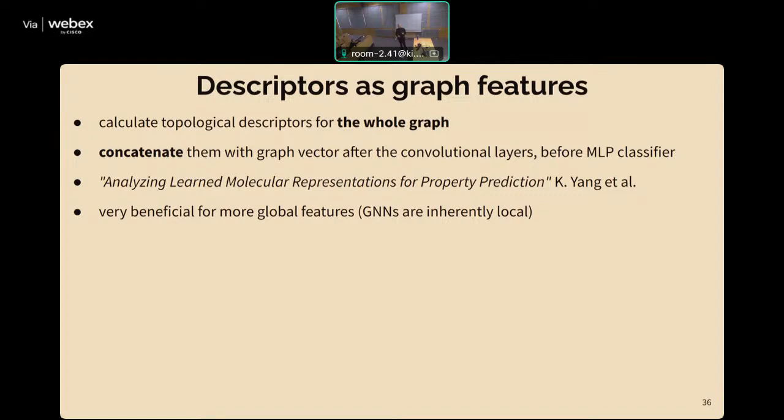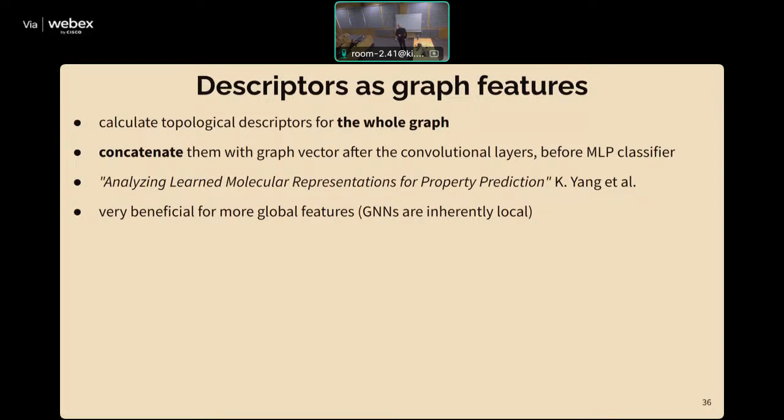And this has been introduced, for example, in the paper Analyzing Learned Molecular Representation for Property Prediction. This is a quite interesting and very powerful graph neural network, but even this powerful network can be improved by adding topological features. The authors show that it's, in general, a very good idea.